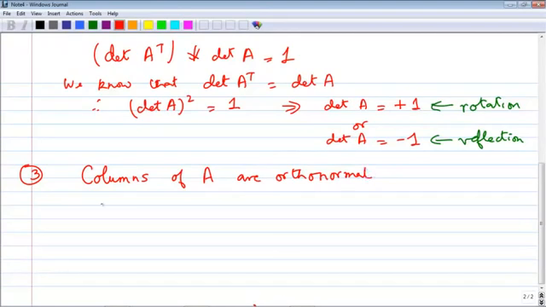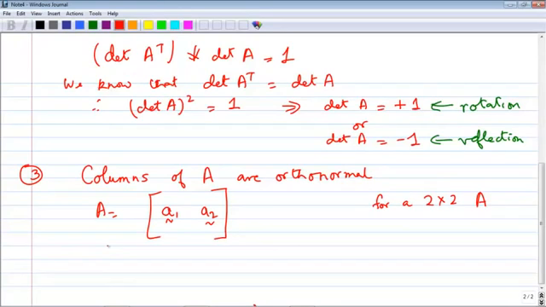Let's first write out A. So A is some matrix, and let's do it in 2 dimensions. So let's say that this is some vector A1 and some vector A2, for a 2 by 2 A. Okay, so far so good.